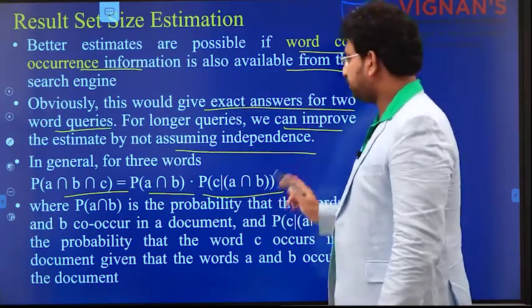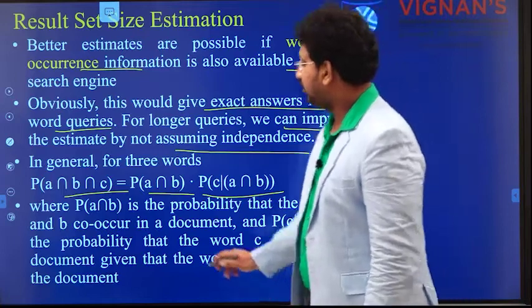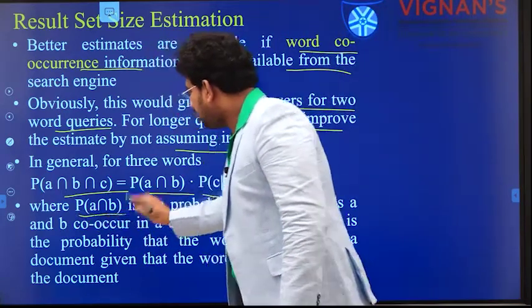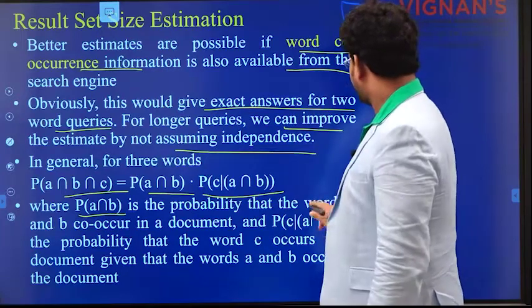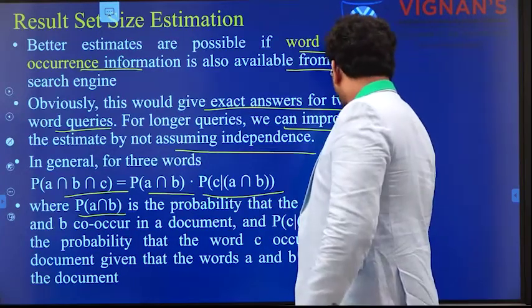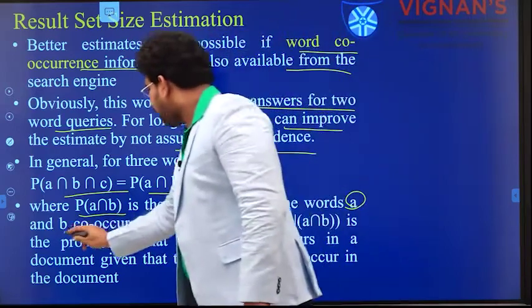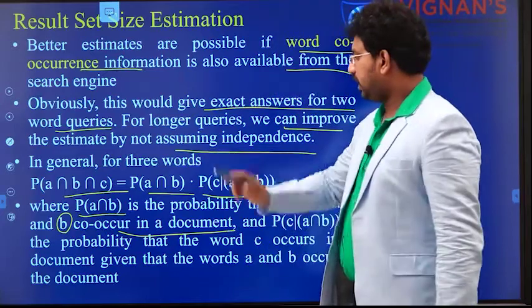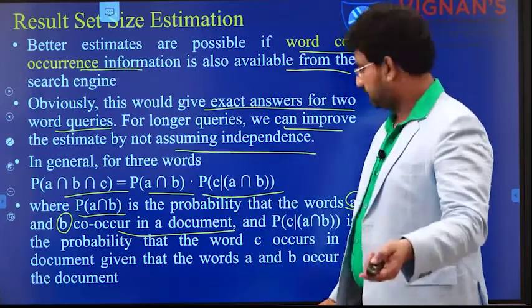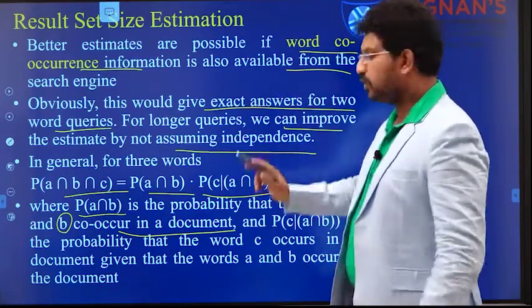Here try to understand. When you see here, you observe P of A intersection B is what? P of A intersection B is the probability that the words A and B co-occur in a document.